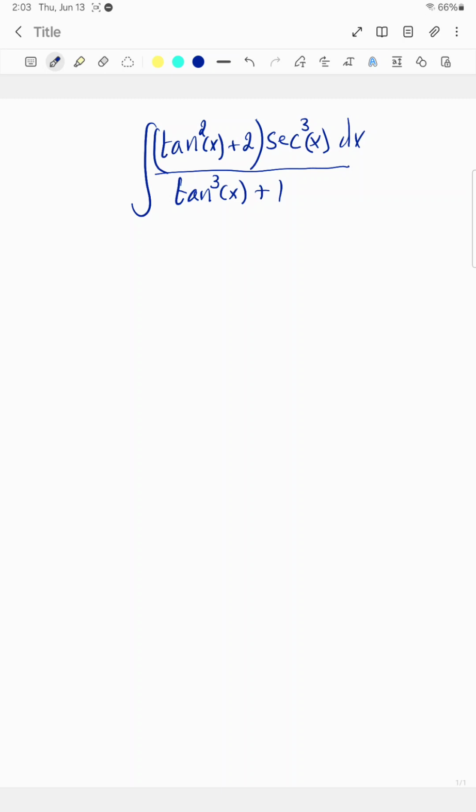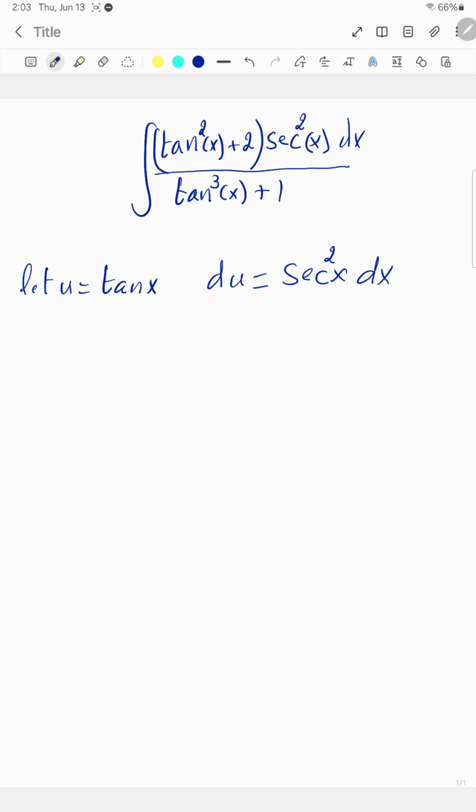If I look at this integral, I see it's composed of tan of x and sec, actually this is sec square of x, not to the power of 3, sec to the power 2 of x dx. And I know that the derivative of tan is sec to the power of 2 x. So that makes my life easier. I say let u equal tan of x. Then my du would be sec square of x dx.